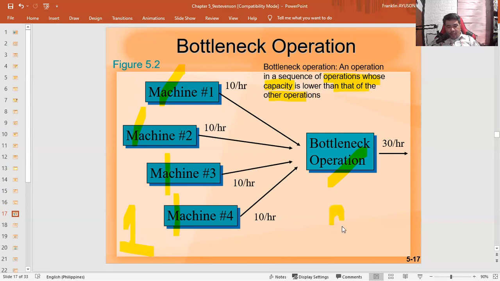For step number 2, nagkakaroon tayo ng bottleneck because we can only accommodate let's say 30 per hour, while we are working with 4 machines producing 10 per hour. So sabihin, step 2 will be the bottleneck. So dito papasok yung sequence of operation whose capacity is lower than that of other operations.